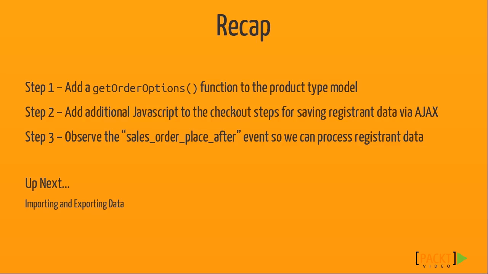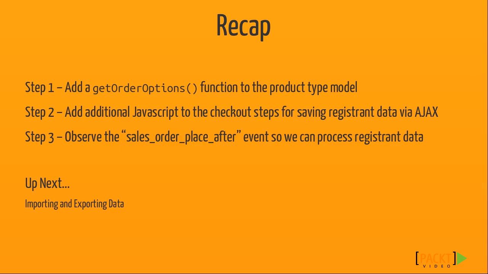So let's recap. In order to process our order information, we took 3 steps. First, we added a getOrderOptions function to the product type model. This function gets run when an order is being placed. In the second step, we added additional JavaScript to the checkout steps so that we could save our registrant data via Ajax.